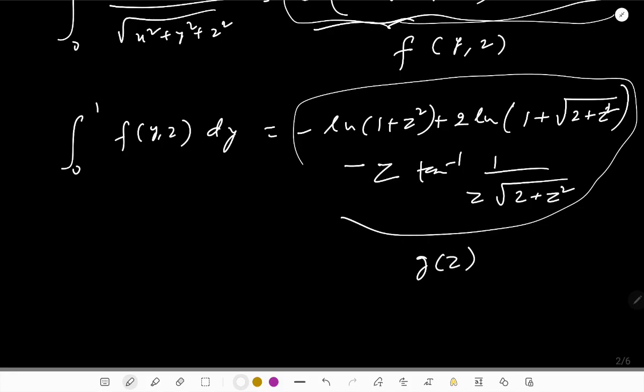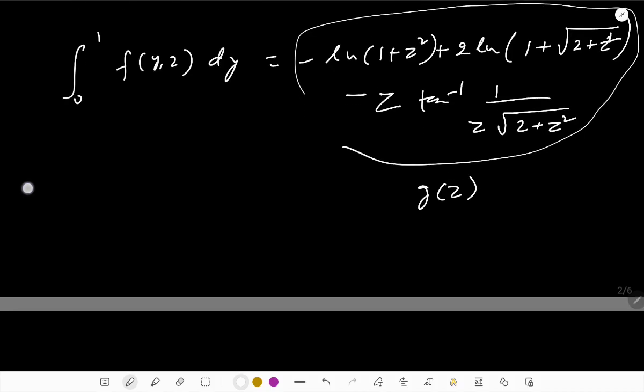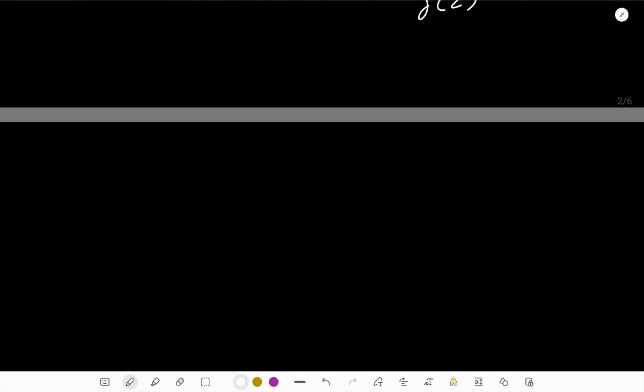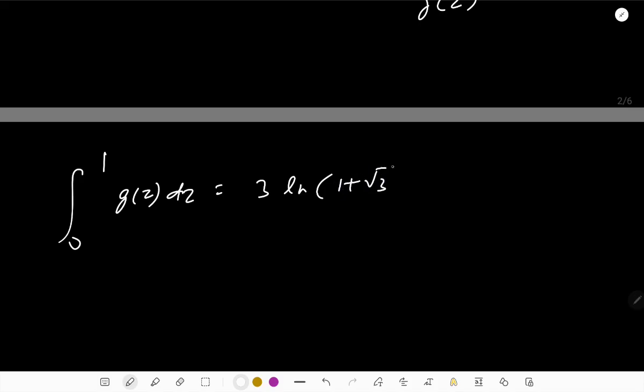and then you can integrate with respect to z as simply as 0 to 1 g(z) dz, and you are going to get the result like 3 ln 1 plus root 3 minus 3 by 2 ln 2 minus pi by 4, and in this manner you are going to get the potential at the center of the cube without the multiplying factor k.